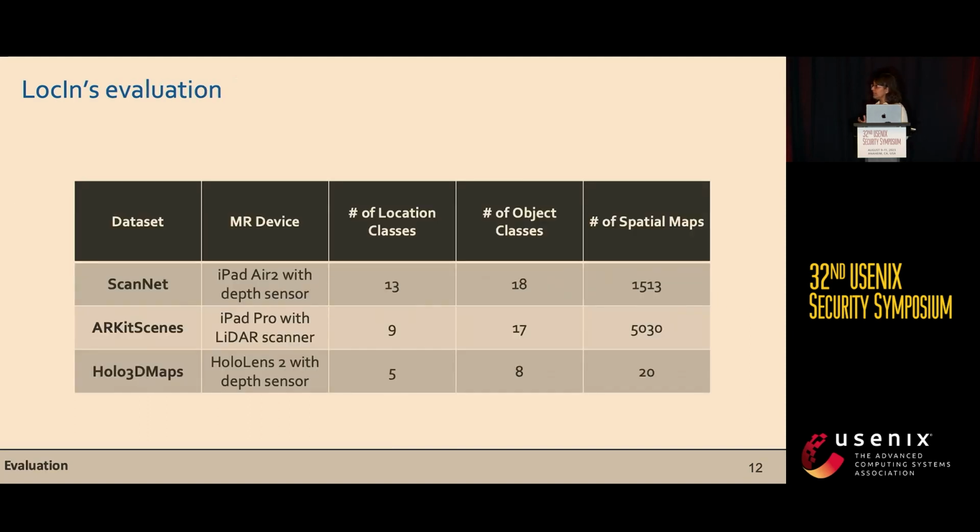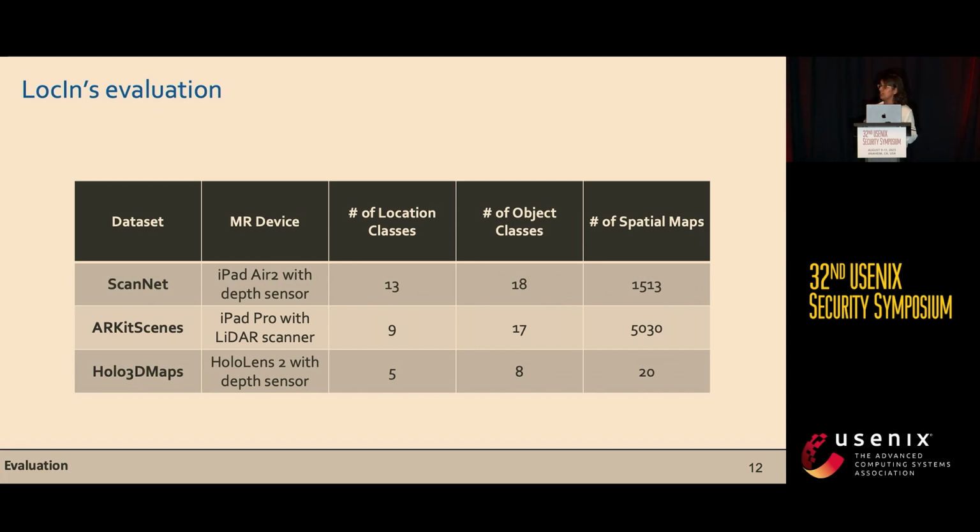Now let's take a look at LocIn's evaluation. To evaluate LocIn, we used 3 data sets of spatial maps that are captured through 3 different mixed reality devices. 2 of these data sets are publicly available data sets captured by an iPad with a depth sensor and a LiDAR scanner.